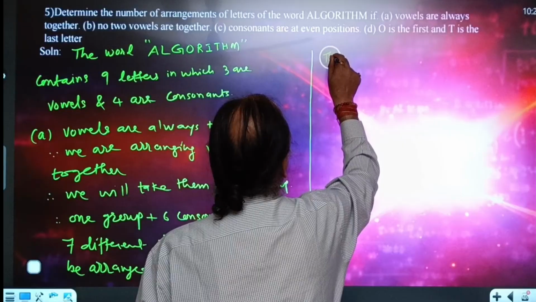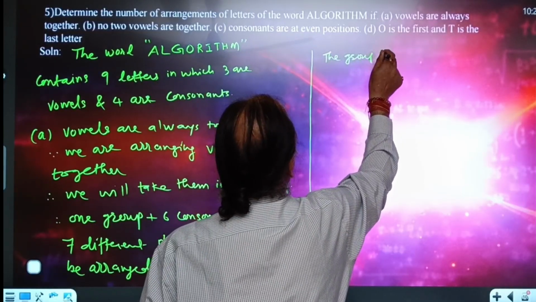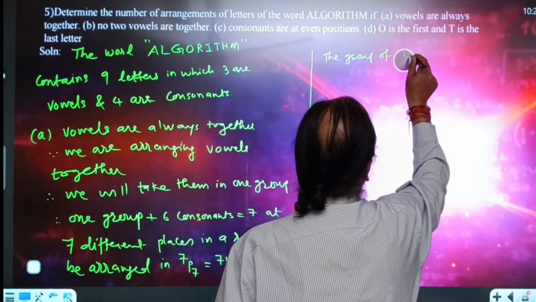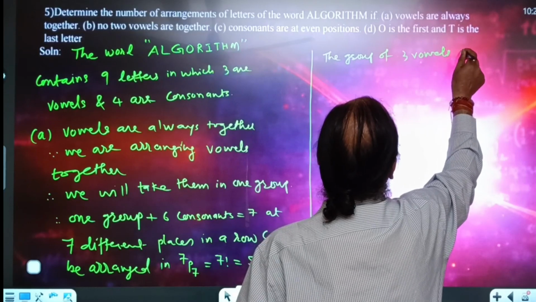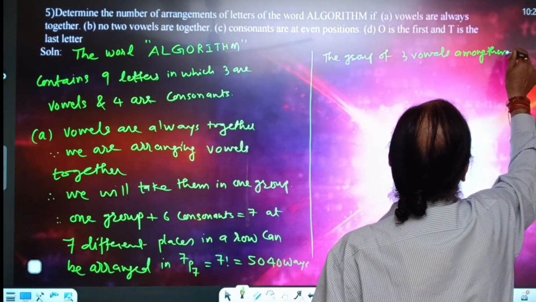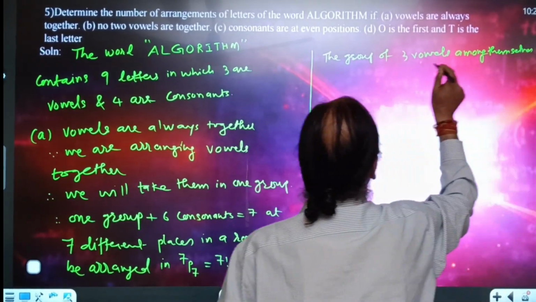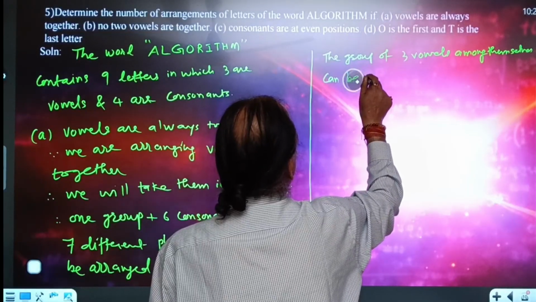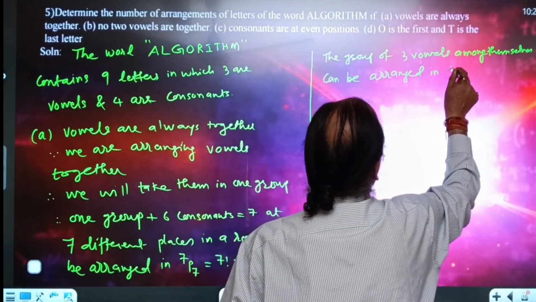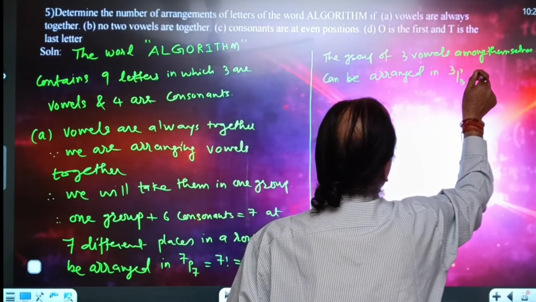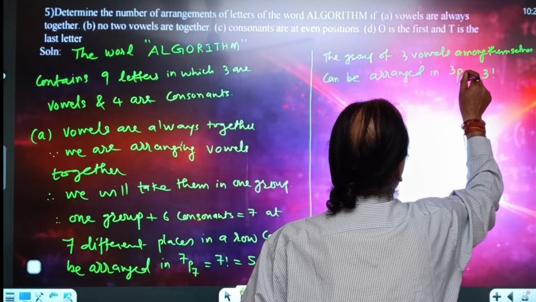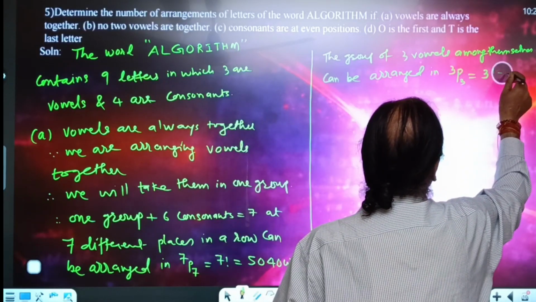The group of three vowels among themselves can be arranged in 3P3, 3 factorial, which is equal to 6 ways.